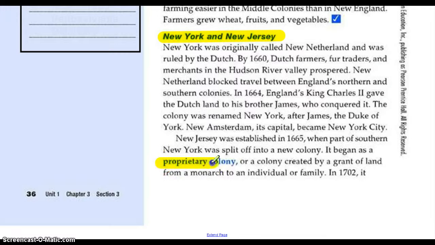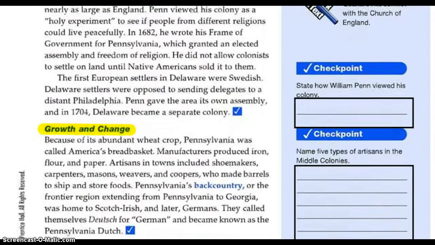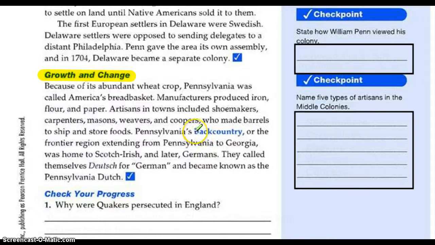Right now, we're just going to go through here and highlight those bolded words. So highlight proprietary colony, then go to the back, and up here at the top it says Royal Colony. A little bit further down you can see William Penn. And then down in this last section it says Backcountry.